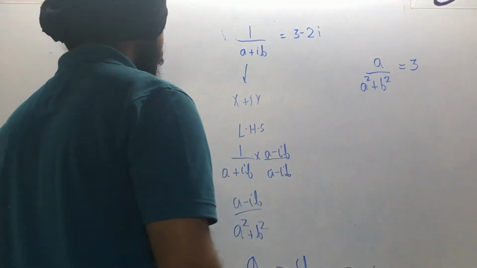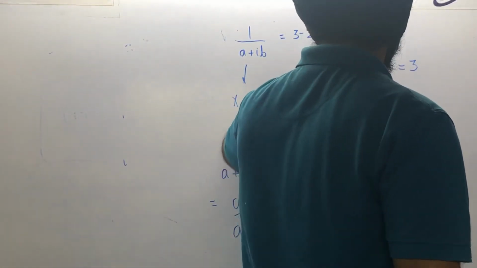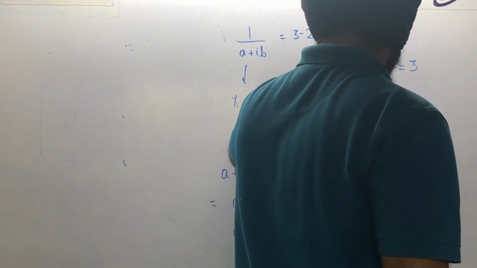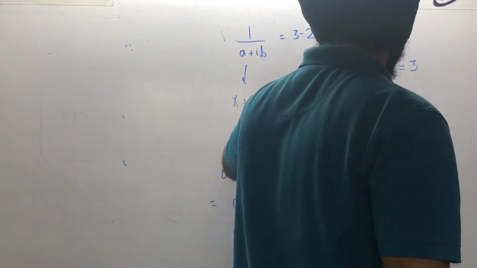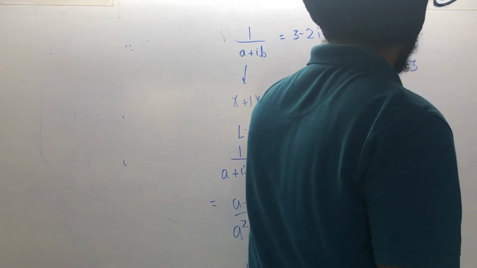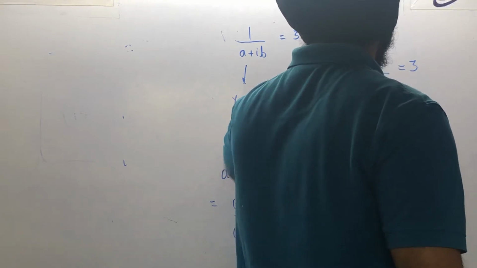Imaginary part is minus b upon a square plus b square is equal to minus 2. So the minus sign you can cancel.